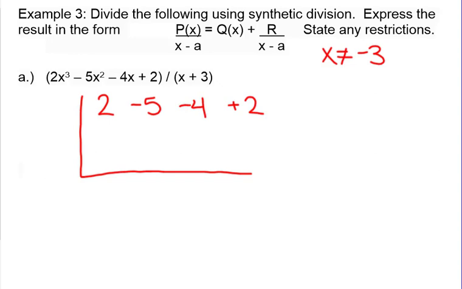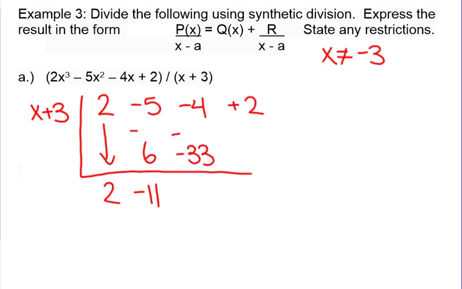And we're going x plus 3. So when we divide, first step, bring our 2 down. 2 times positive 3 is 6. Negative 5 subtract 6 is negative 11. Negative 11 times 3 is negative 33.